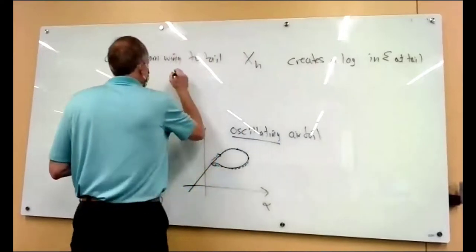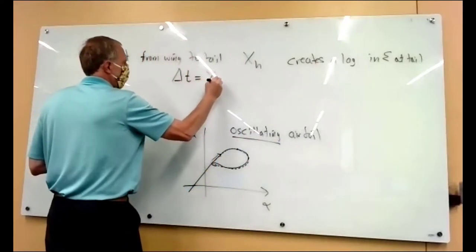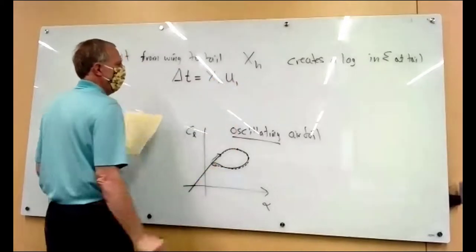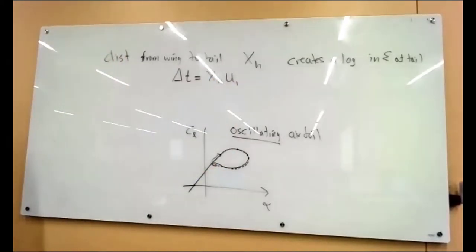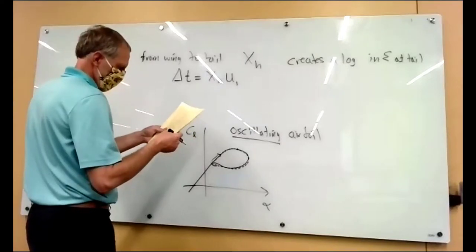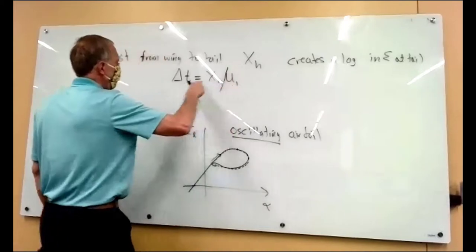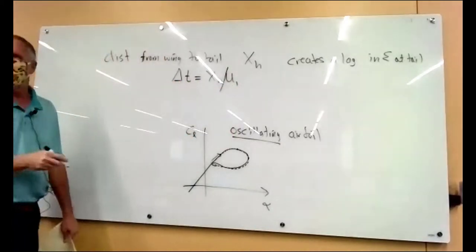And that lag, delta T, is just the time that it takes for the flow going at a velocity U1 to go the distance XH. Oh, I'd have to divide. I knew something was wrong there. Because if you take U1 times time, you get distance, velocity times time.